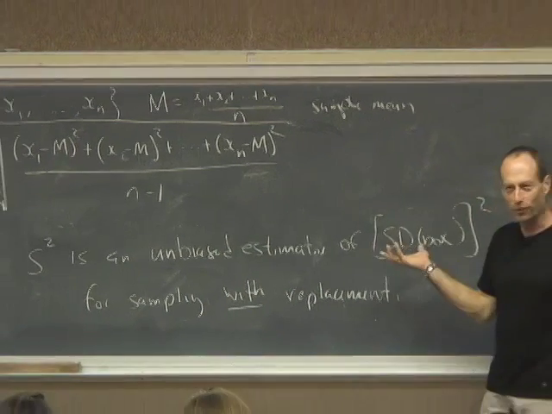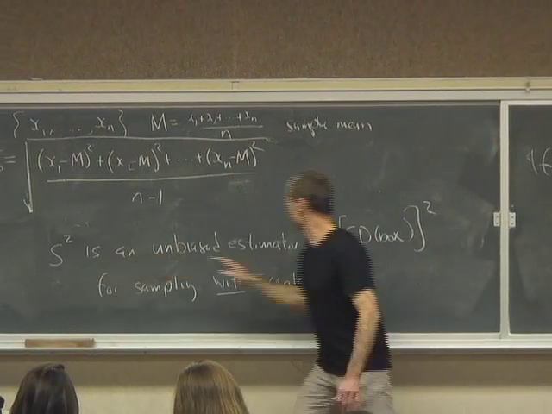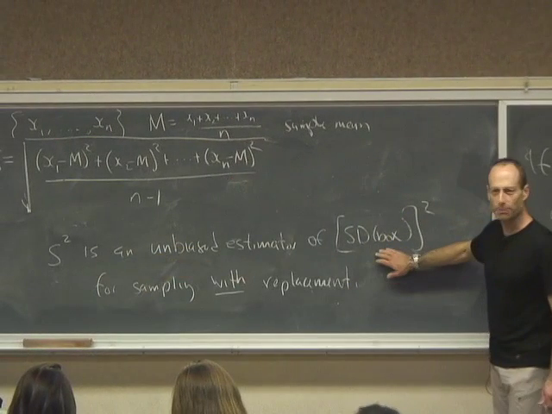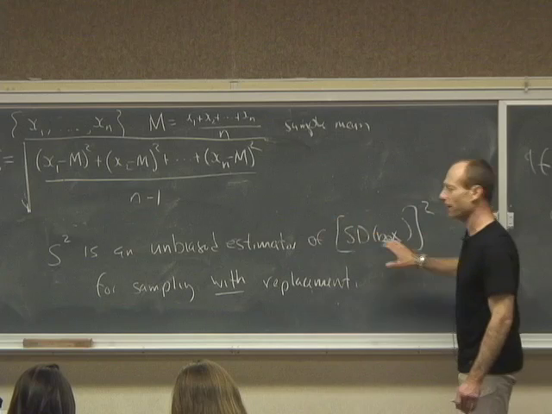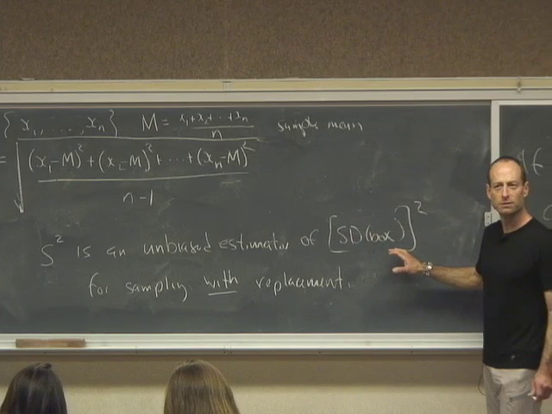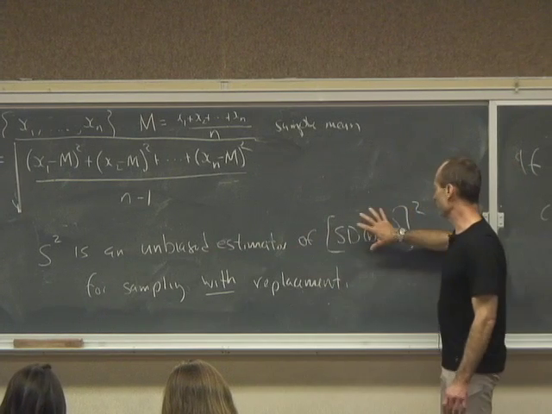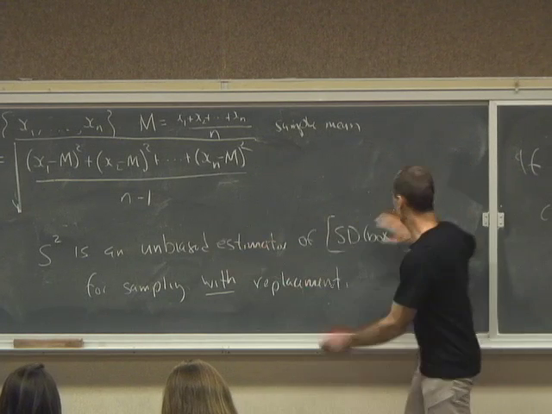Why should this matter? First of all, S squared is unbiased for the SD of the box squared. Does that mean that S is unbiased for SD of the box? If S squared is an unbiased estimator of this, is S an unbiased estimator of that?